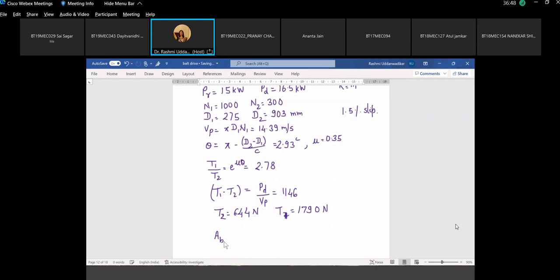So area of cross section of the belt is the maximum tension in the belt T1 upon S naught minus the centrifugal tension. Give me the area.